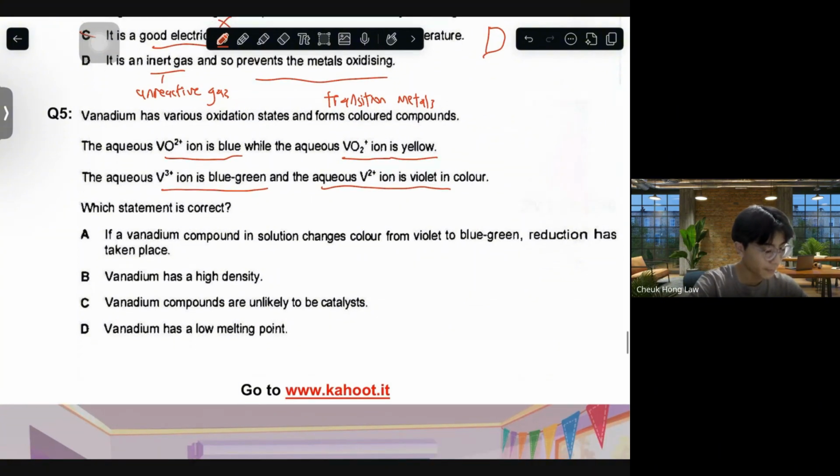If a vanadium compound solution changes from color violet to blue-green, reduction has taken place. Okay, so I know there are some sec 3s here. If you haven't learned reduction or oxidation yet, one of the definitions of reduction is a decrease in oxidation state.